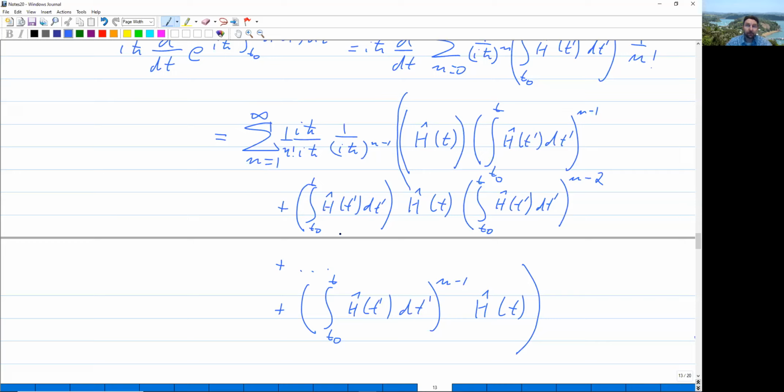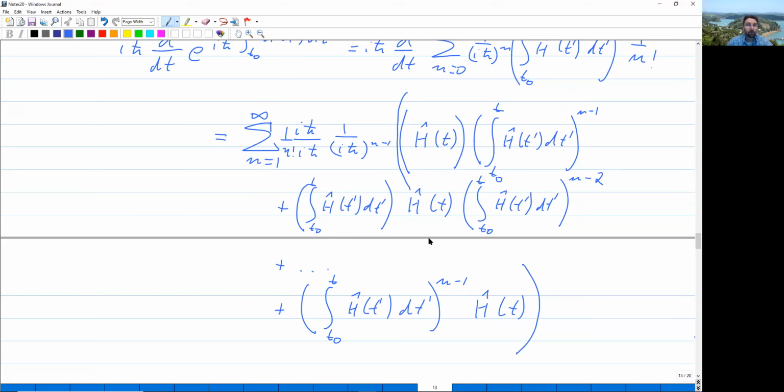Now, if this integral was an operator that commutes with h hat of t, then we simply have n times the same term here. But if it doesn't commute with h hat, then we have, in principle, n different terms that we are summing up.